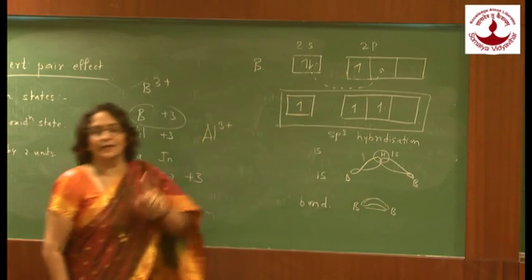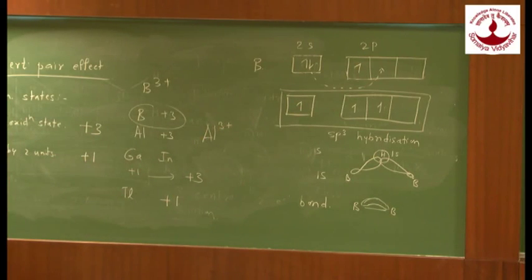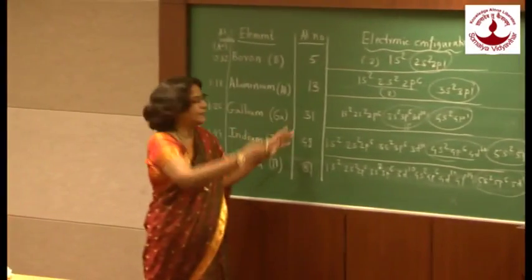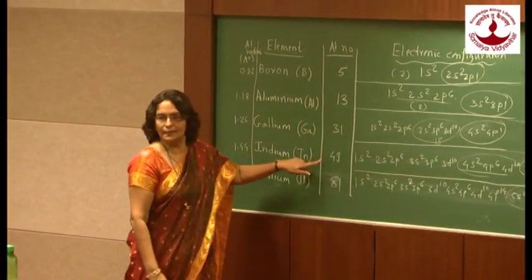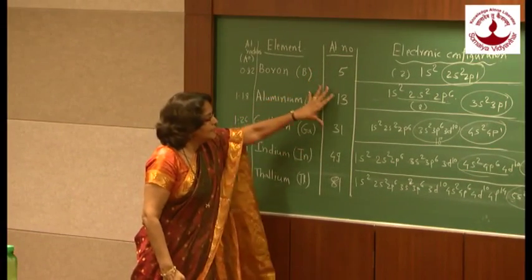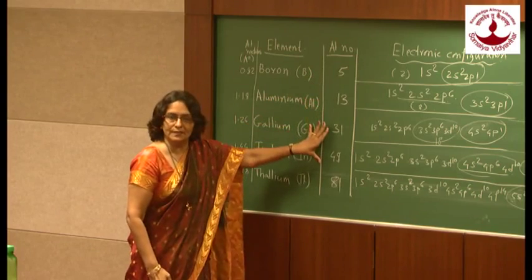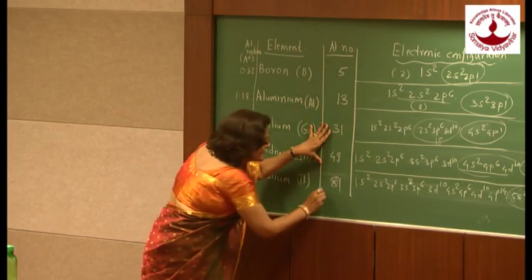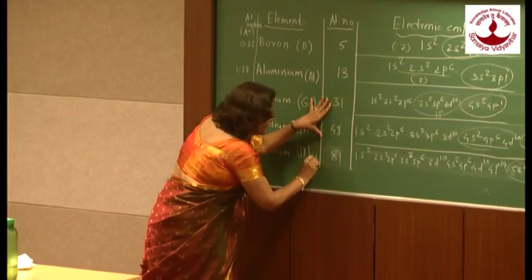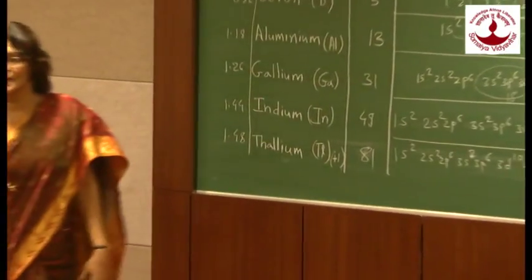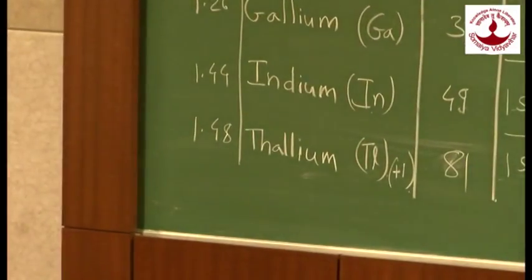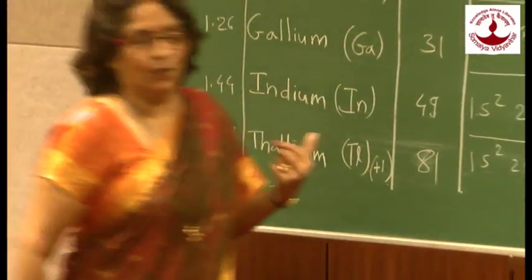So this inert pair effect becomes more pronounced in the last member of p block elements. Because just now we have seen the oxidation states exhibited by all these elements. So all these elements show +3 oxidation state, but the last member of the group distinctly shows only +1 oxidation state.